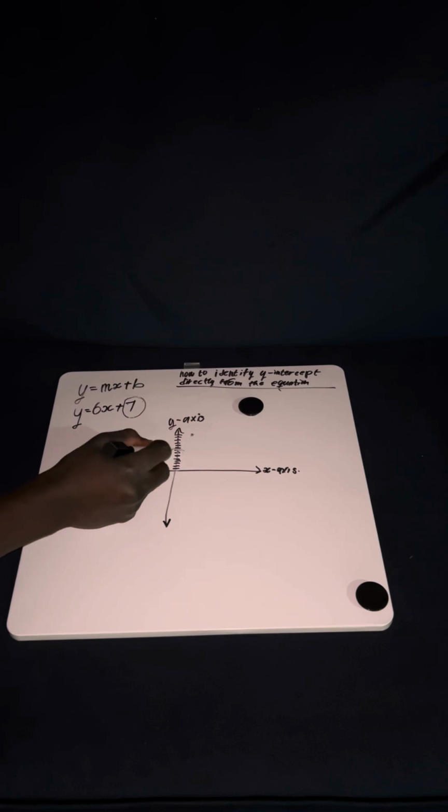So you count 1, 2, 3, 4, 5, 6, 7. So 7 here. And also your slope, and you're going to count 1, 2, 3, 4, 5, 6. So this makes us know that always the starting point is this one.